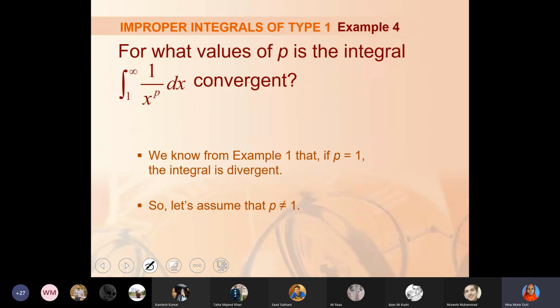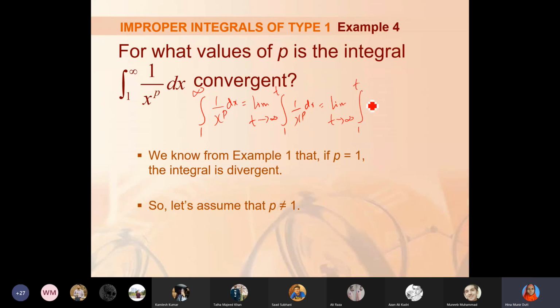So first of all, I will write this integral as a limiting value. The integral from 1 to infinity of 1 over x^p dx is equal to the limit as t approaches infinity of the integral from 1 to t of 1 over x^p dx, which is the limit as t approaches infinity of the integral from 1 to t of x^(-p) dx.